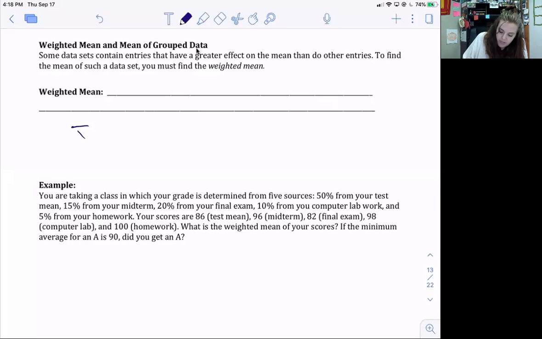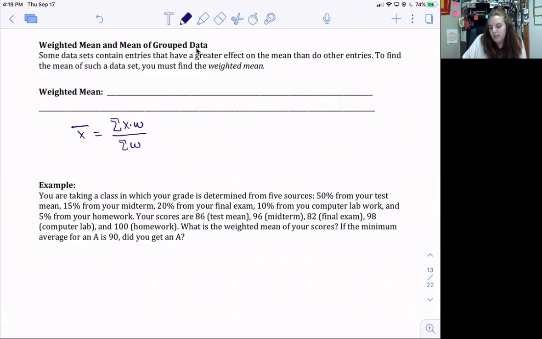Our weighted mean is still X bar because it represents a sample. It is the summation of each of our data entries times the weight, divided by the summation of our weights.